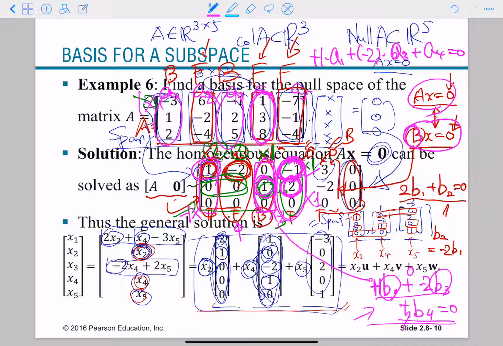I mean, the free variable column is represented by the previously found basic variable columns, which means that the column corresponding to the free variable is included in the span of the previous ones. So that is the one that makes this set linearly dependent.